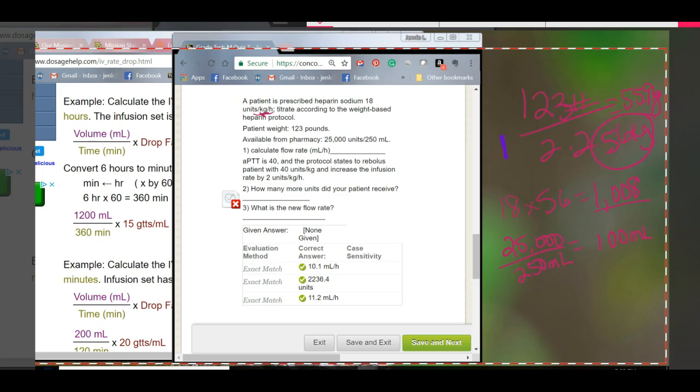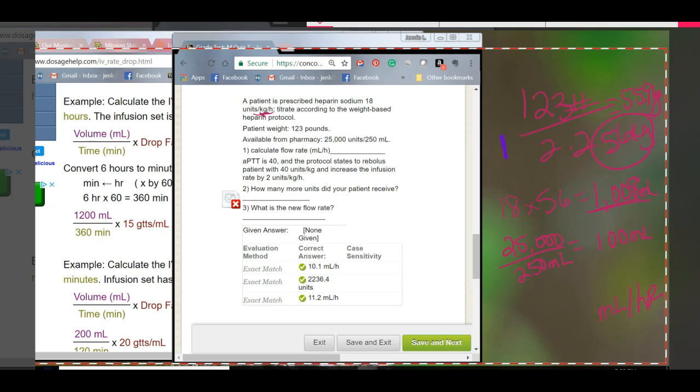So that now brings me to 1,008 here divided by 100 mLs, because it's asking to calculate the flow rate of mLs per hour. So we want mLs per hour.